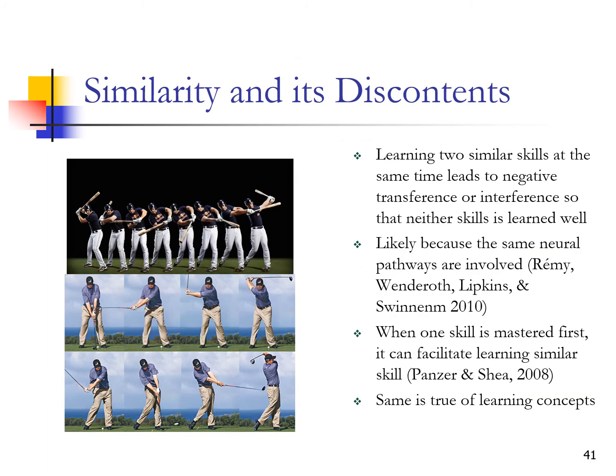We know that the same basic thing happens with learning physical skills. When learners try to learn how to swing a baseball bat and a golf club at the same time, they can't do either one very well. It leads to what is known as negative transference or interference, so that neither skill gets learned well. And the reason for this is probably because the same neural pathways, or very similar, very close ones, are involved.